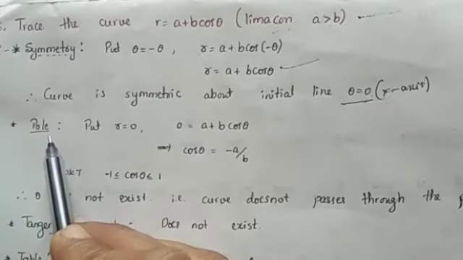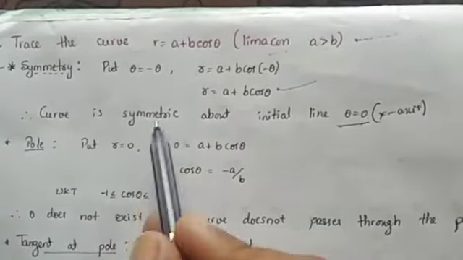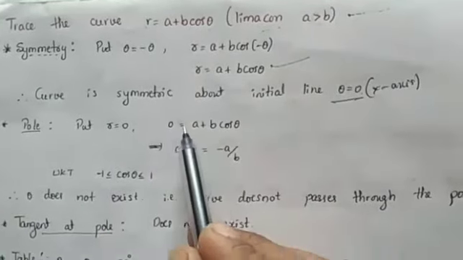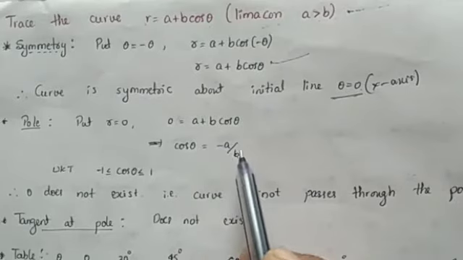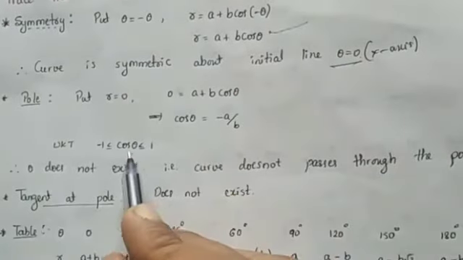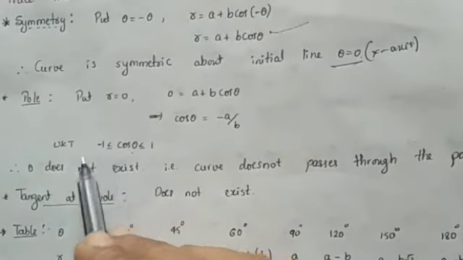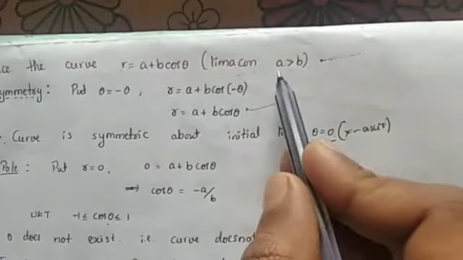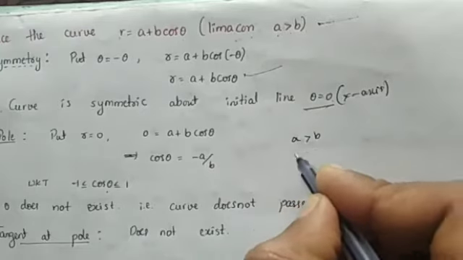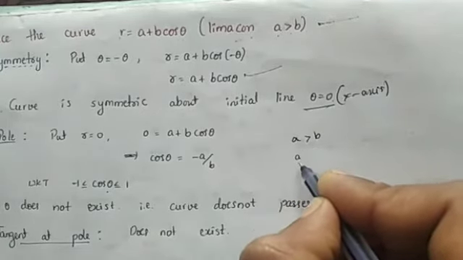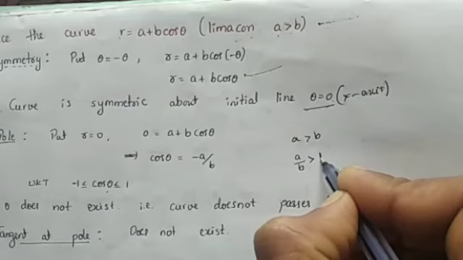The next point is the pole or origin. We put r is equal to 0. We get 0 is equal to a plus b cos theta. It is nothing but cos theta is equal to minus a by b. We know that cos theta always lies between minus 1 and plus 1. The given condition is a is greater than b. We divide throughout by b, we get a by b is greater than 1.